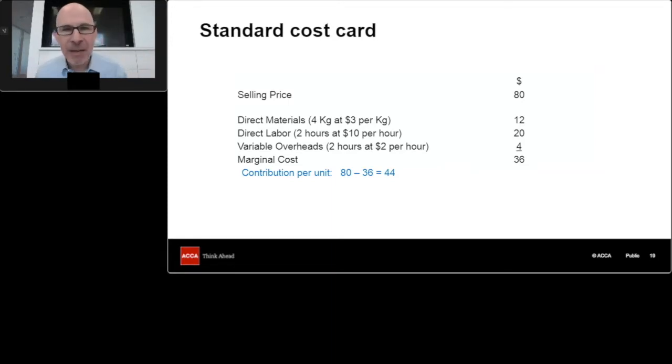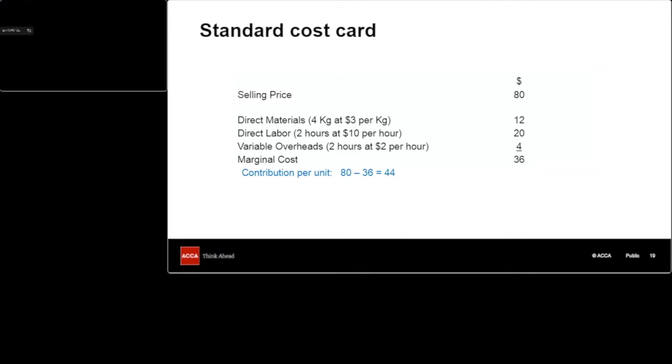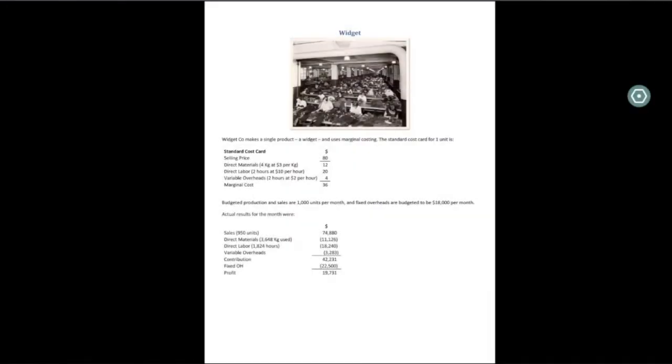Okay, guys, let's watch the video now, and I'm going to take you through the first steps of controlling performance with variance analysis. Here's the information that we need, and this is from the PDF document that you can find in the resources section at the bottom of your On24 screen. But if you have a small screen, don't worry, I will reproduce this information as and when we need it.